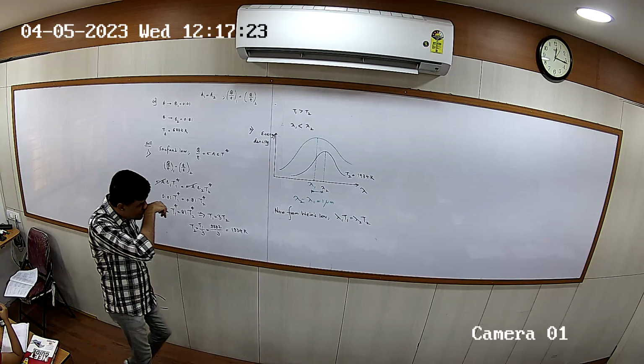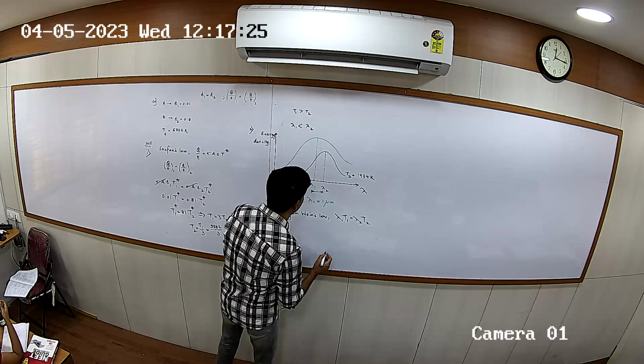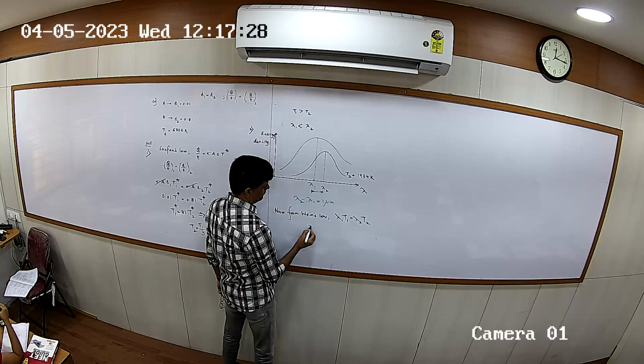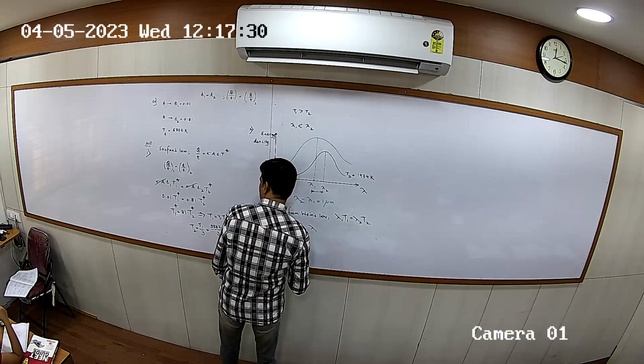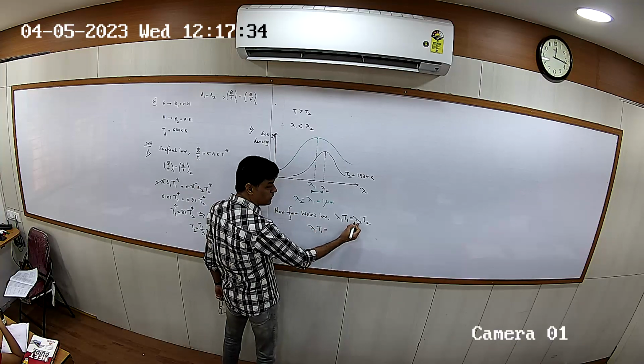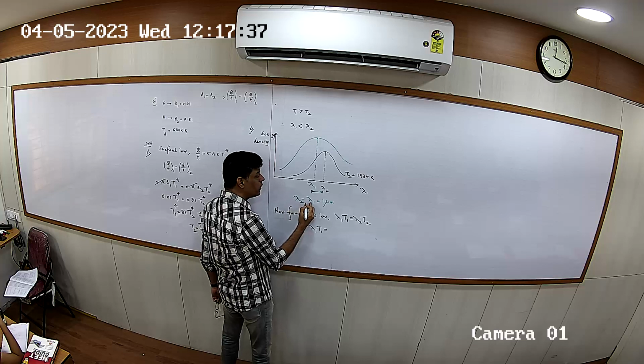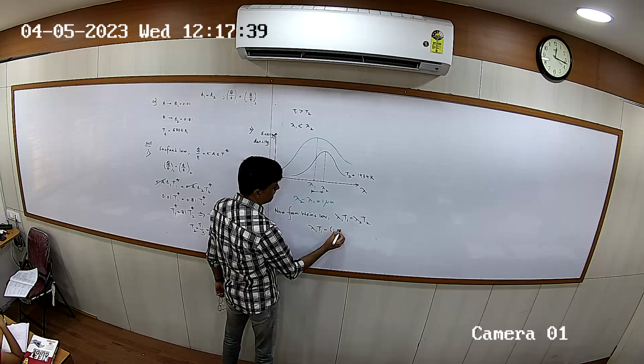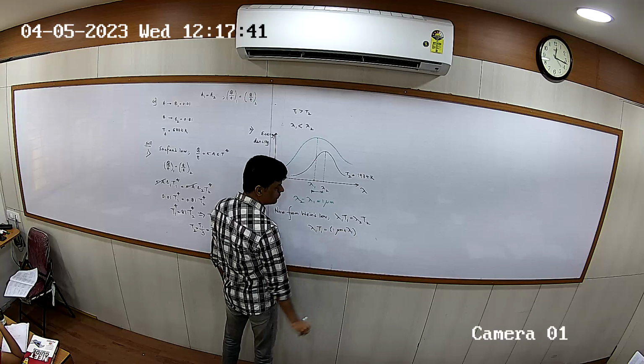Is this clear? I'll write T1, and lambda 2, I'll write 1 micrometer plus lambda 1.